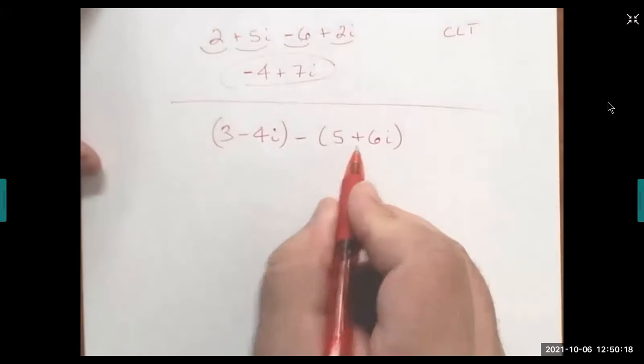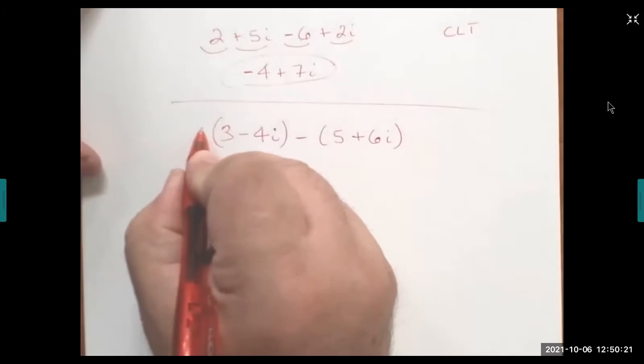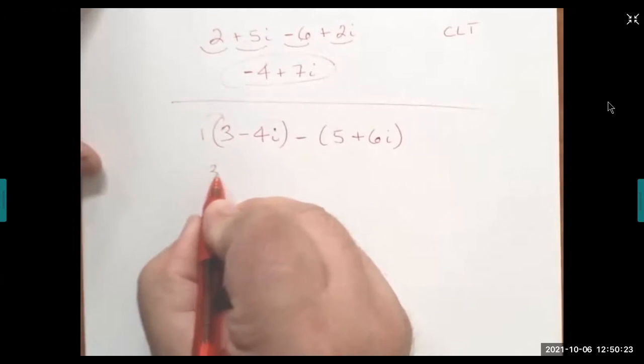Since we can't do anything inside the parentheses, let's get rid of the parentheses. 1 times 3 is 3.